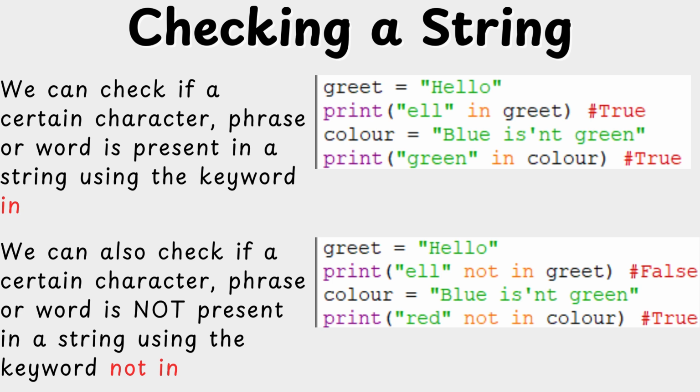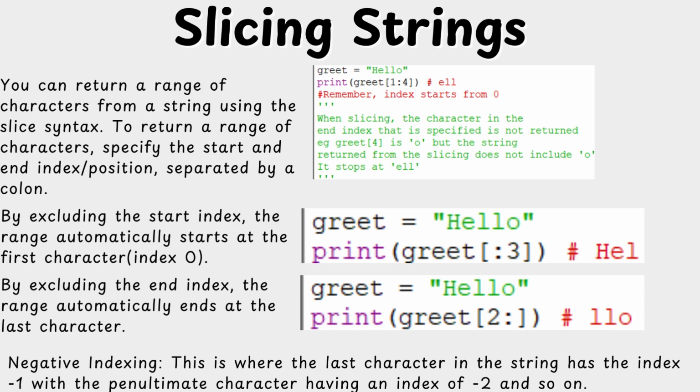You can return a range of characters from a string using the slice syntax. To return a range of characters, you have to specify the start and the end index or the position separated by a colon. So let's say I have greet equals hello, and I print greet, then I open square bracket and I put 1 colon 4.